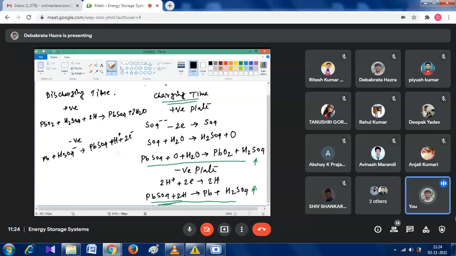At the time of discharging, you can see these both react with H2SO4. In the positive plate, lead peroxide reacts with H2SO4, and in the negative plate, you see, the hydrogen sulfate ion reacts with lead and creates lead sulfate.